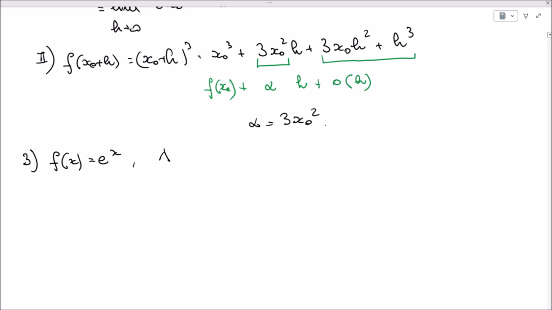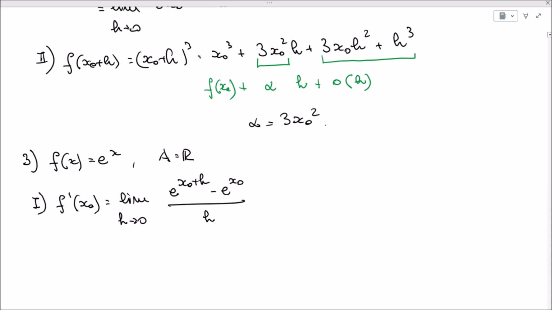Once again, A is the entire real line. Okay, first definition. f prime at any point x naught is equal to the limit as h goes to 0 of e to the x naught plus h minus e to the x naught, divided by h.